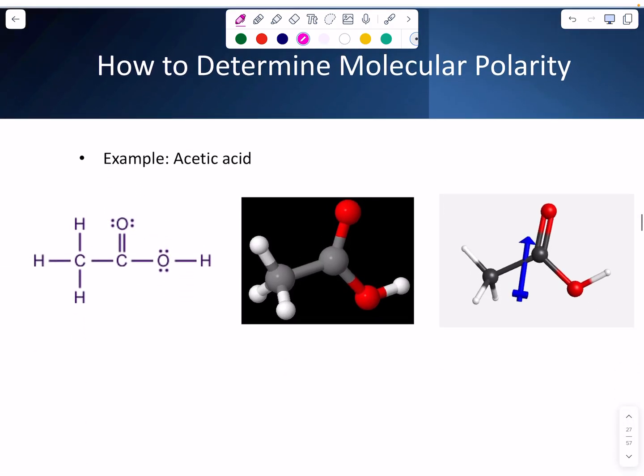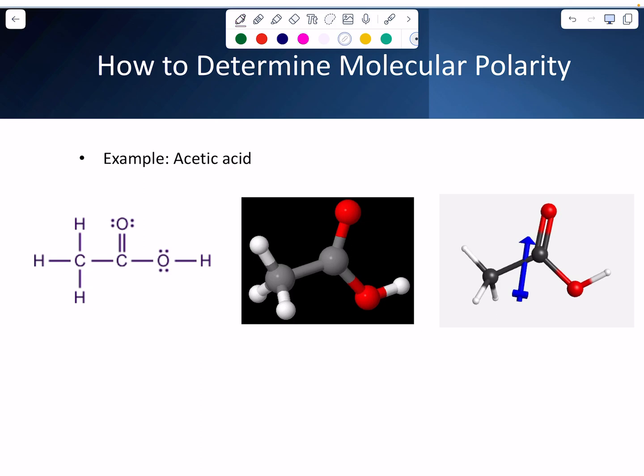All right, so let's do another example. Here is a more complex structure, and it actually has more than one central atom. So we've actually got 3 positions in this molecule where we could determine a structure.